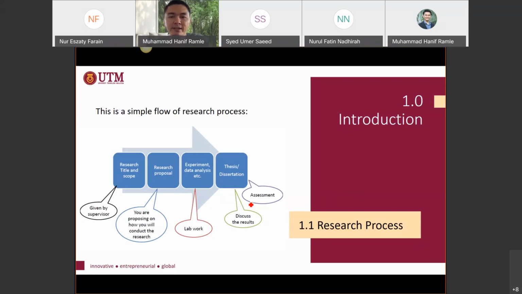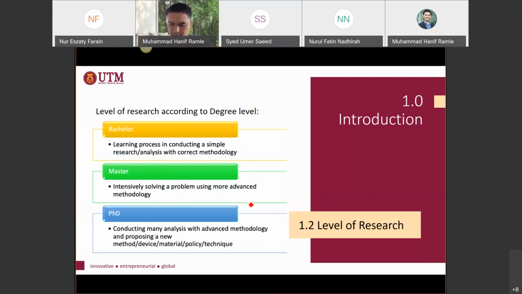This is the basic research process that I believe you are already aware of. Now let me introduce the levels of research. We have bachelor, master, and PhD degrees. Those levels have different criteria, different requirements, and different scope.